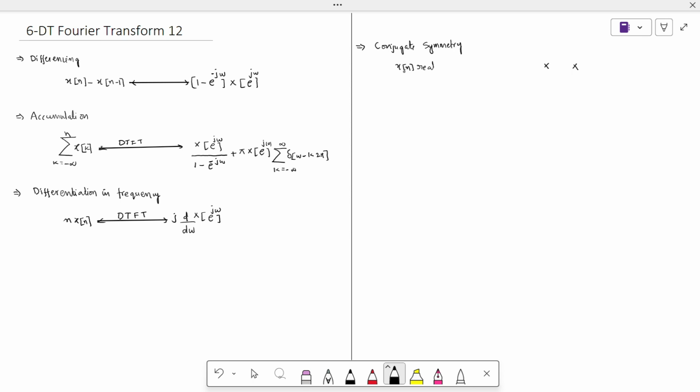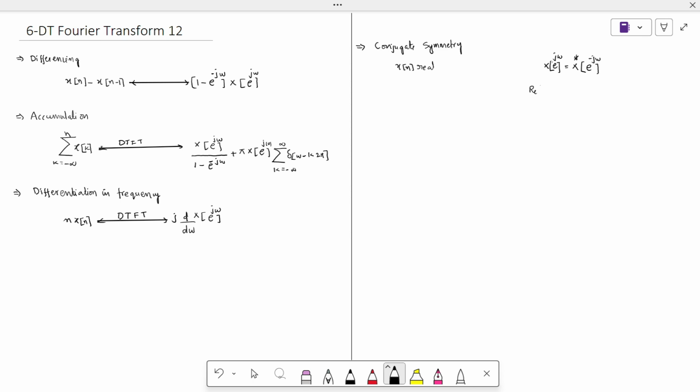After complex conjugation, its Fourier transform is the complex conjugate of x at e power minus j omega. The complex conjugate of x of n is x of n again, so it equals x of e power j omega. Previously we learned that the complex conjugate of x of n has a corresponding Fourier transform; since x of n is real, the complex conjugate gives the same x of n. So this must equal its Fourier transform.